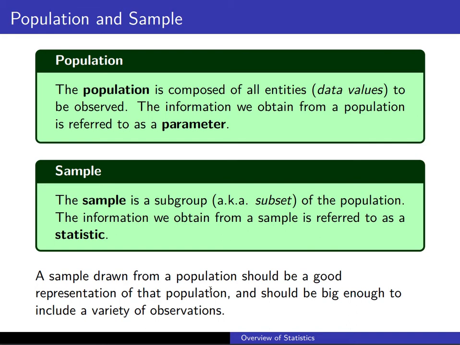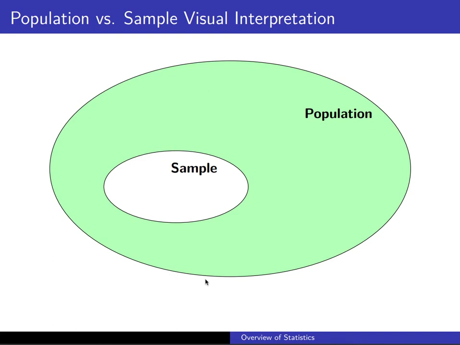So, for instance, if we take a look at this diagram here, this green oval represents a population. A sample would be a subset or a subgroup of this population. Now, we wouldn't want to take a sample of something that's not in the population.